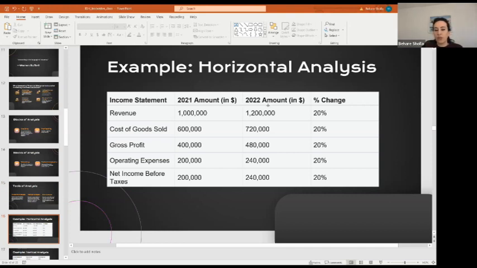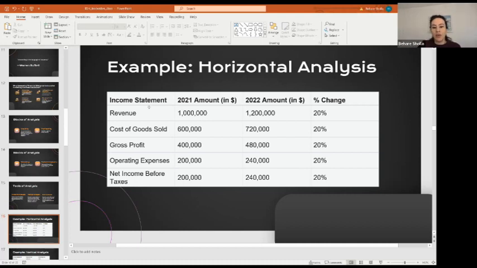This can be done also for a longer period of time, but 1 year has to be like a base year. In this example, the base year is 2021, and we can see that the revenues have increased by 20%. This is just an example for you to get a feeling of what the horizontal analysis is.